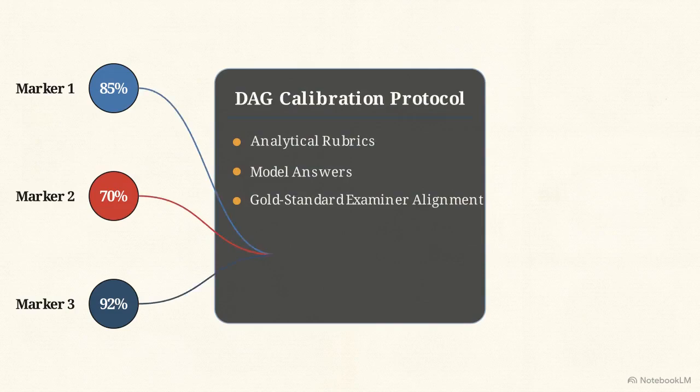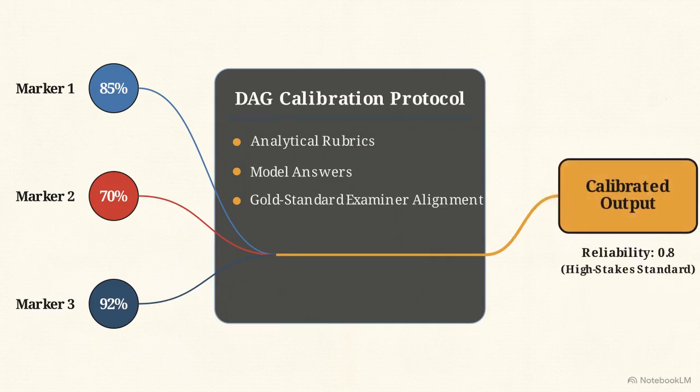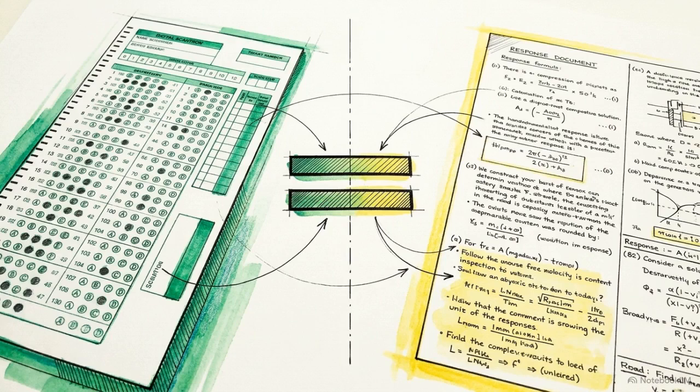The Discrepancy Agreement Grading System, or DAG, provides a structural solution to rater variance. The calibration process involves using structured model answers and rigid analytical rubrics, while training markers against a gold standard examiner. With these protocols, the MEQ can achieve the same level of statistical defensibility as computer-marked tests.